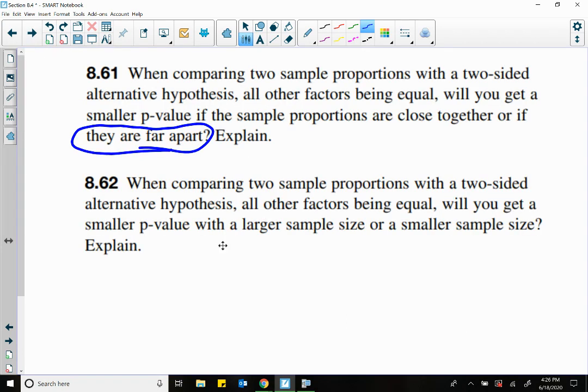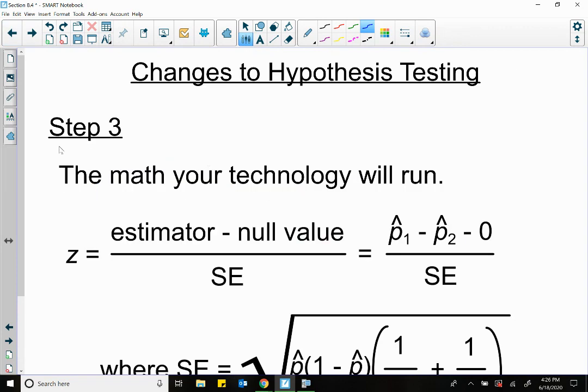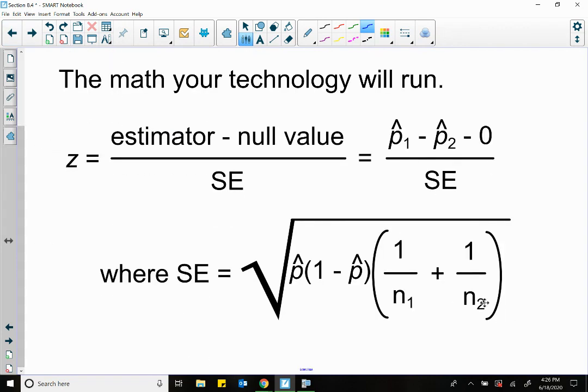What we want in this one is we want a large sample size. Here's why. To create a large sample size, notice that my sample sizes affect this piece right here. The larger the sample size, the smaller this number is going to be.